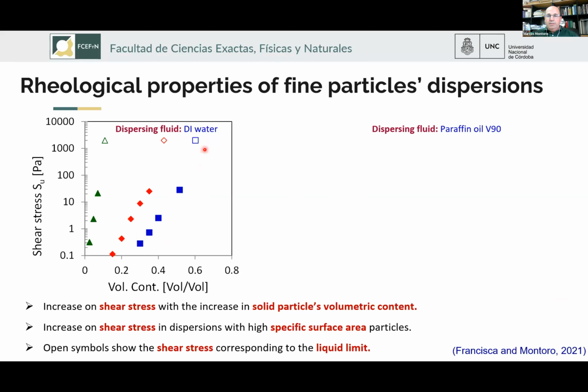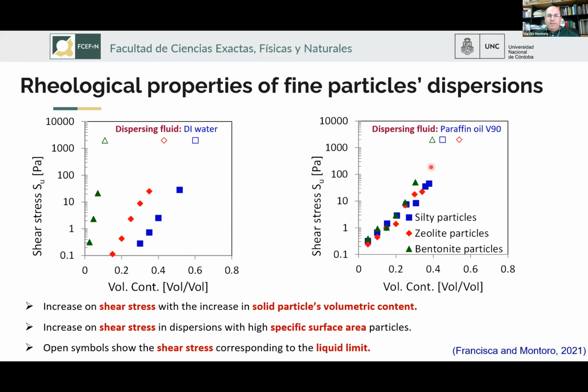These open symbols show the theoretical shear stress value corresponding to each type of particles at the moisture content equivalent to the liquid limit. In this case, the solid particle volume content was calculated from the moisture corresponding to the liquid limit. We also can observe that there is a clear continuity in the series for each type of particles.